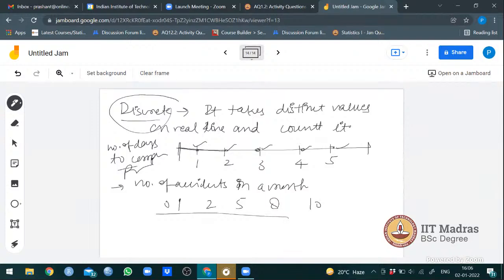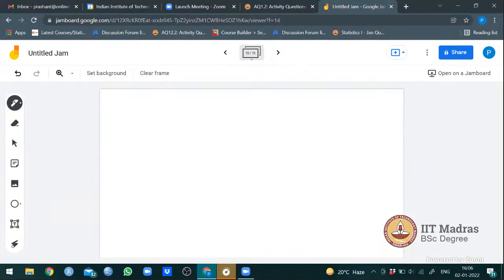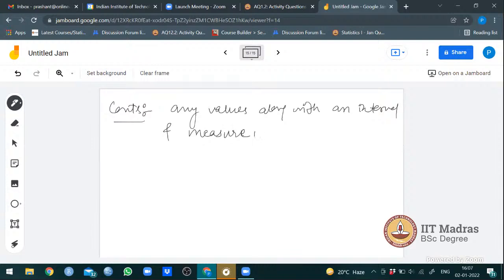It can take distinct values on the real number line, and you can count it. Got it till this point? Yes, sir. Okay, and what is continuous? Continuous can take any value along an interval, and you can measure it.